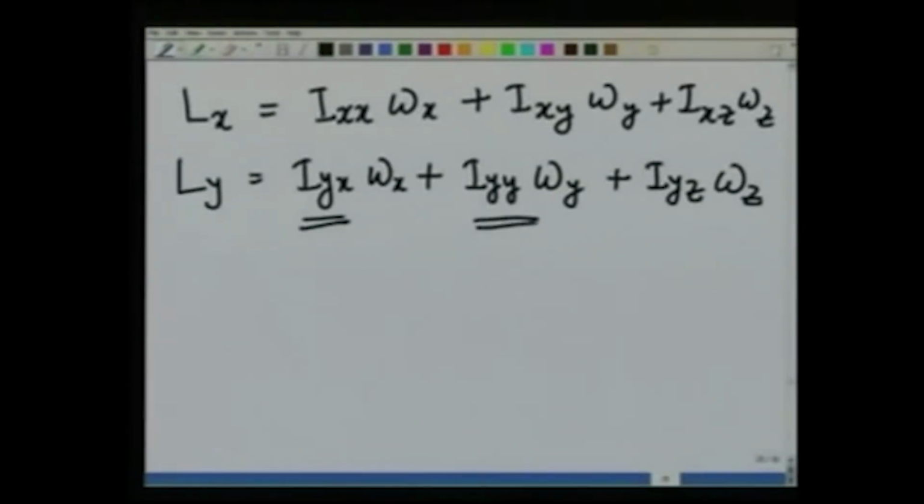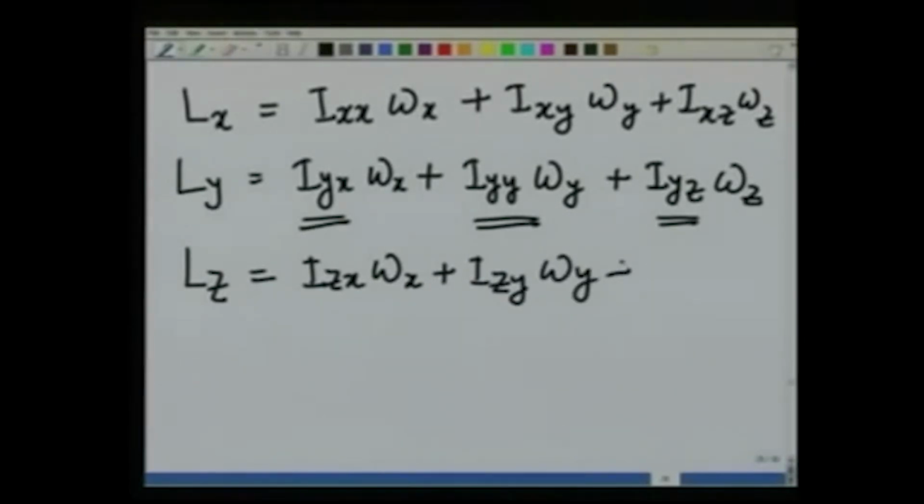Iyy is the moment of inertia about the y axis, and Iyz is the product of inertia involving y and z, and Lz similarly would be Izx omega x plus Izy omega y plus Izz omega z, where Izz is the moment of inertia about the z axis, Izy and Izx are products of inertia.